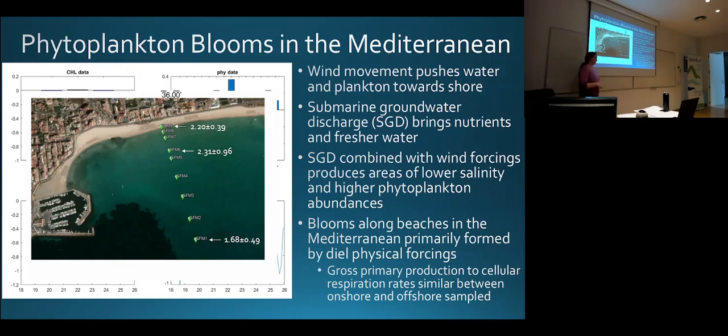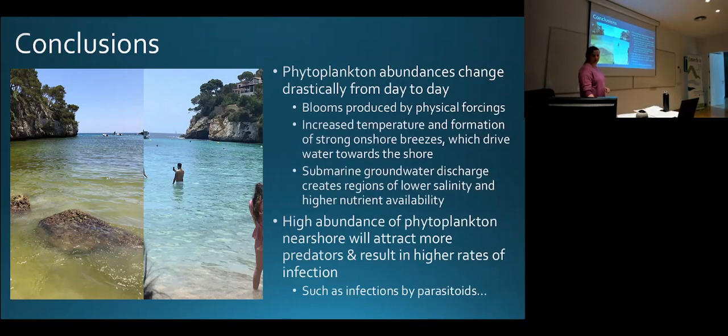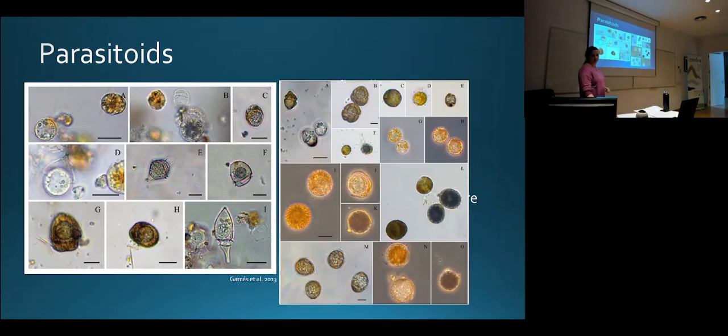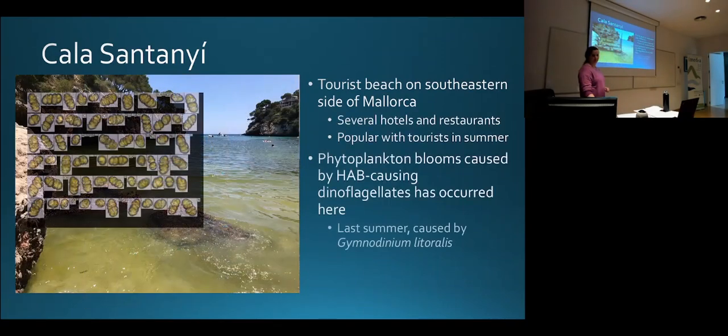Do you have an idea why Gymnodinium seems to be responsible consistently for the blooms? I don't know why it's specifically that species. I was thinking, going back to what Amparo was saying, maybe if you have a generalist, Gymnodinium has a slightly different interaction with the parasitoid, and therefore maybe it can take over.